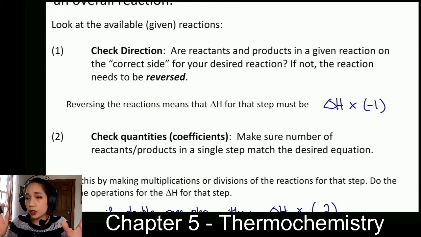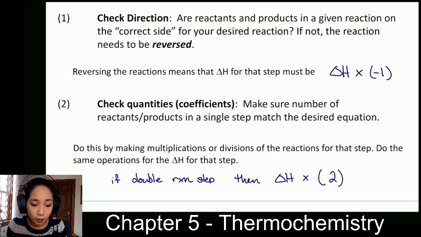Next, once you have the reactants and products on the correct side, you need to check the quantities or the coefficients in your goal target overall reaction. Let's say you have to double the amount of substances in a given step. If you double a step, you also have to double the delta H value because, again, delta H is an extensive property.